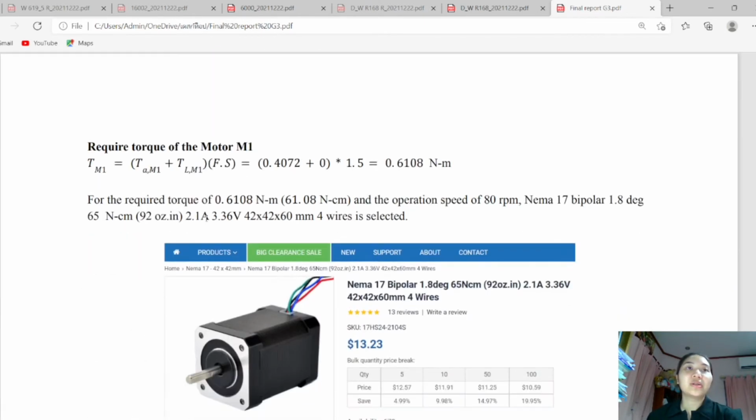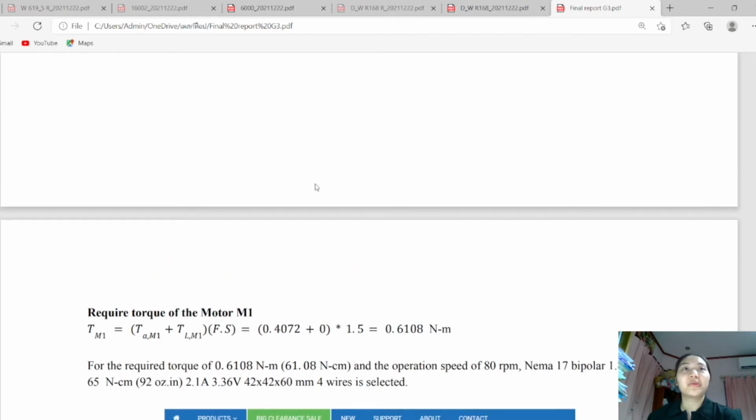So we got the required torque as 0.6108 and acceleration torque is 0.4072 and load torque for this joy is 0.